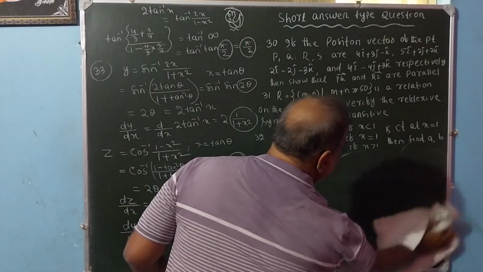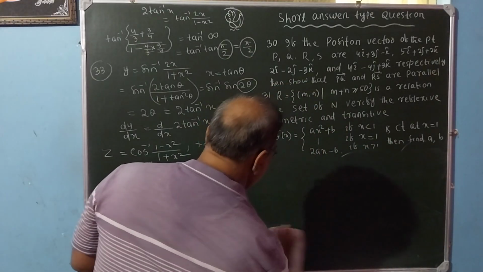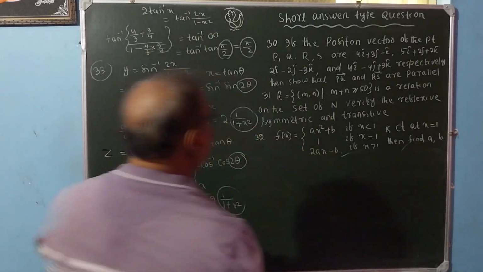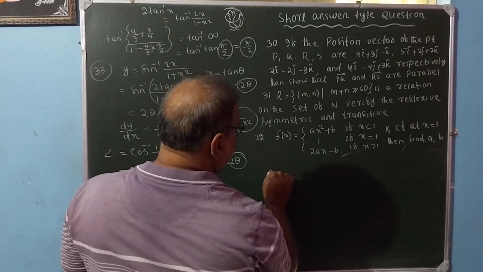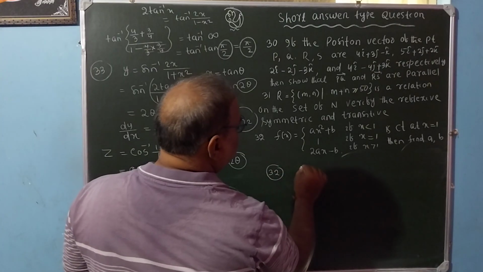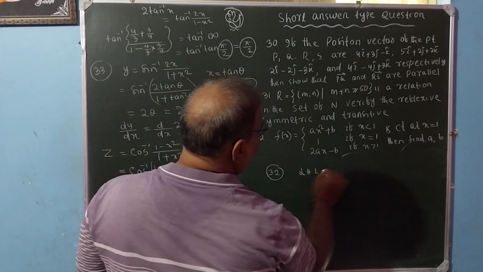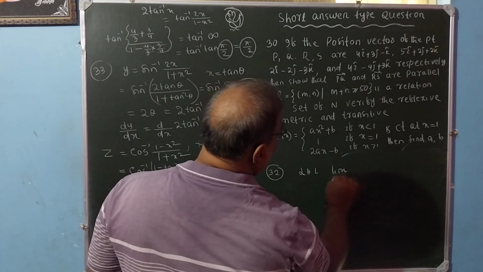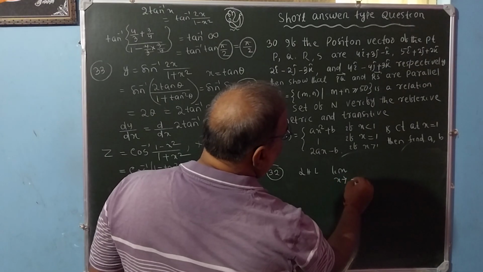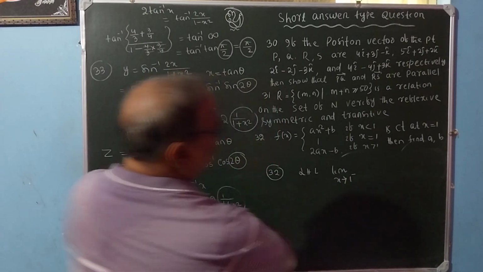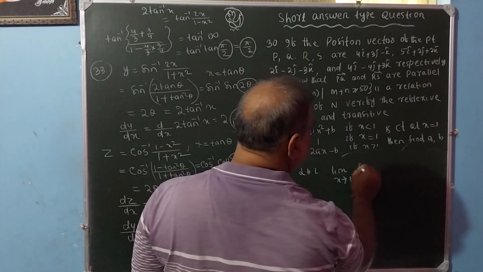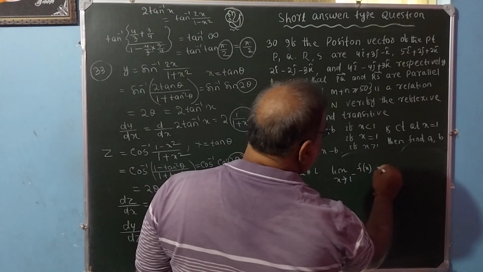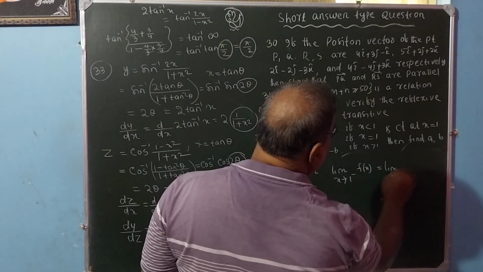Question number 32. LHL: limit x tends to 1 minus f of x. 1 minus means x less than 1.